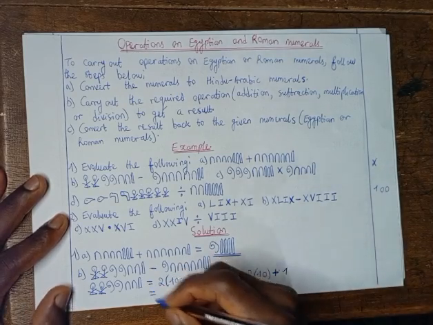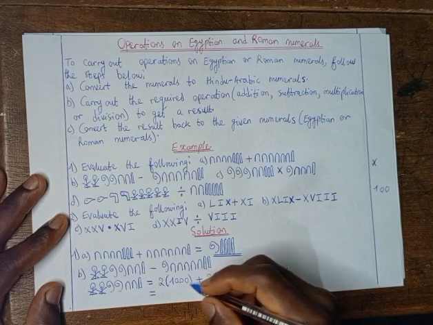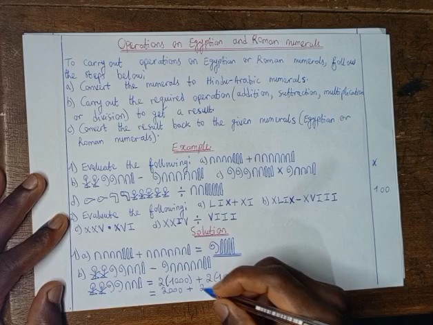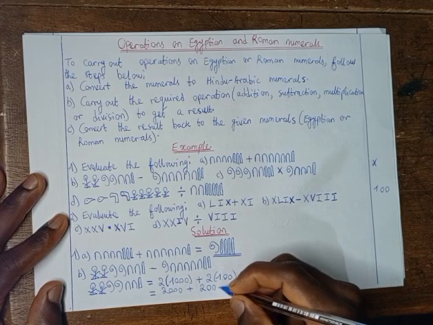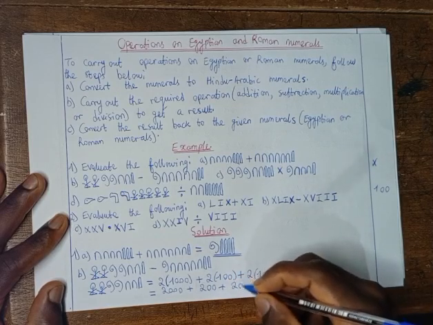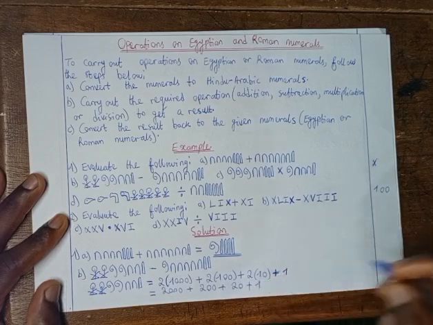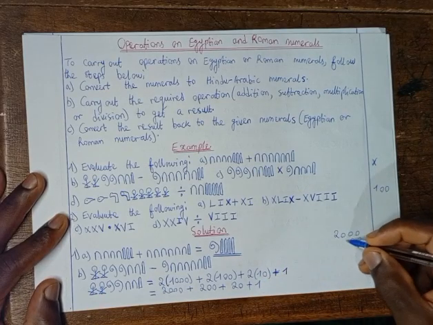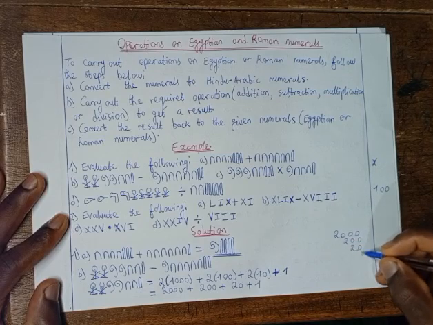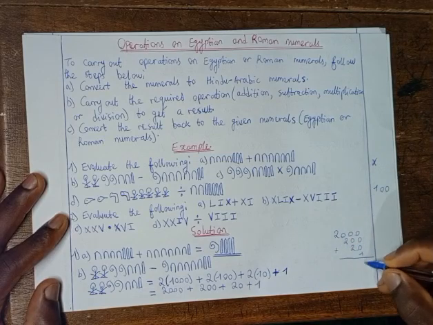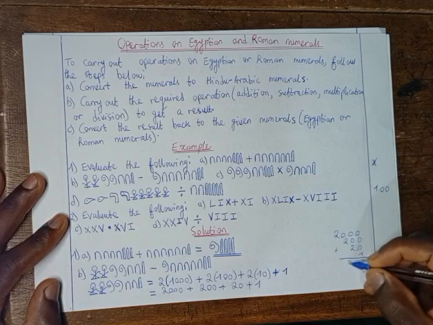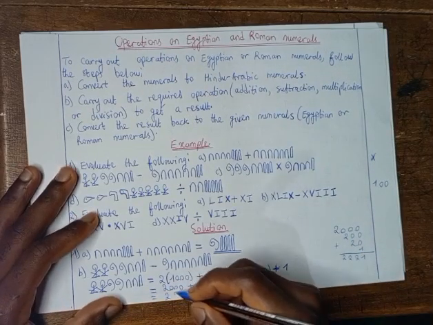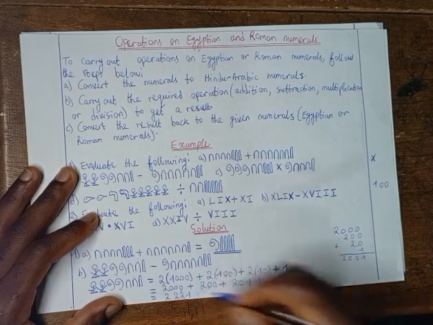Next, we simplify. That gives us 2000 plus 200 plus 20 plus 1. If we add, it gives us 2221.